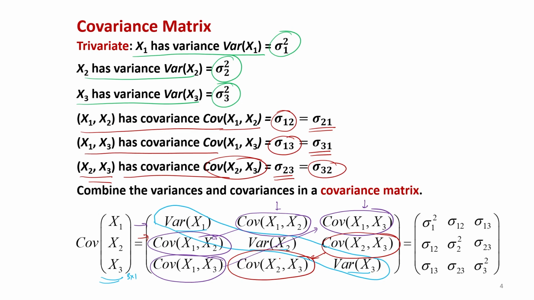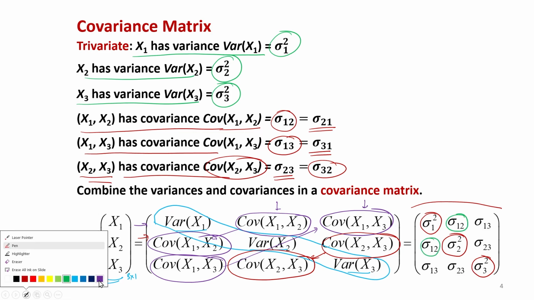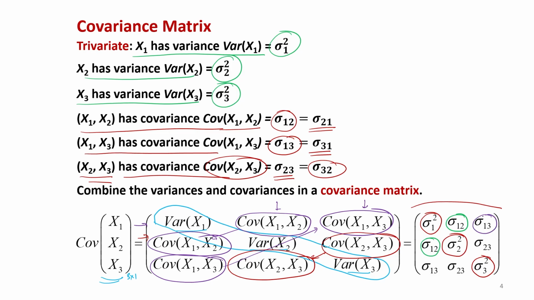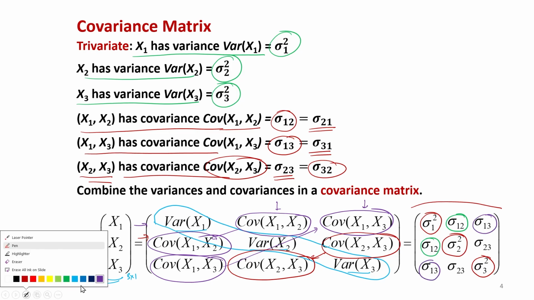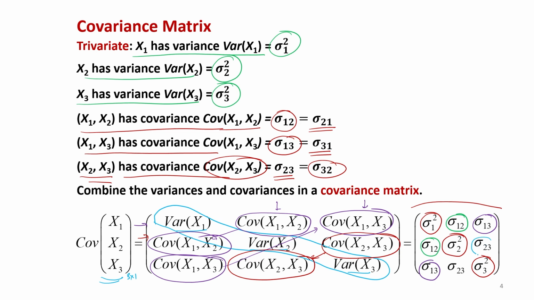All these values are expressed here: variance of x1 sigma 1 square, variance of x2 sigma 2 square, variance of x3 sigma 3 square, covariance between x1 and x2 sigma 1 2 and sigma 2 1, covariance between x1 and x3 sigma 1 3 and sigma 3 1, and finally the covariance between x2 and x3 sigma 2 3 and sigma 3 2, which are the same.